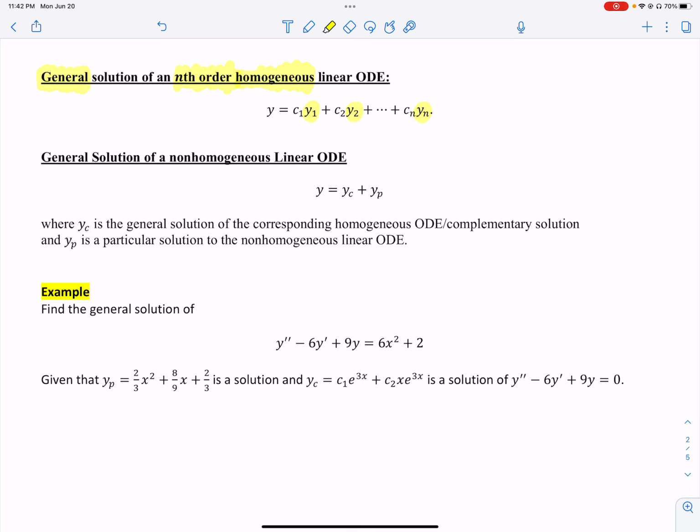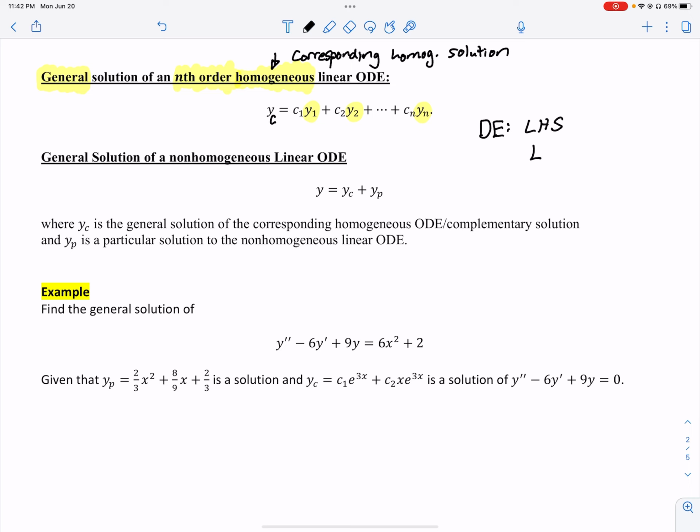Now, why this is great is we can find that, and when we have something like this, sometimes we'll call it the y sub c. This is called the corresponding homogeneous solution. And what this means is if I take a DE, let's say I have a DE here, and it's like some left-hand side, right?